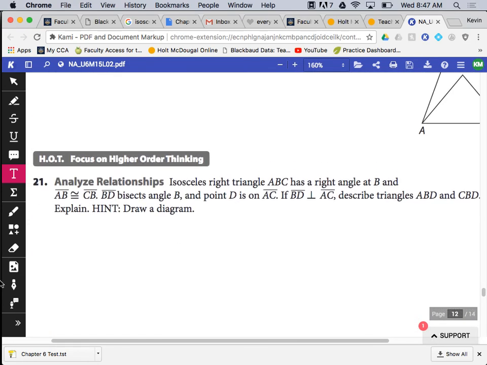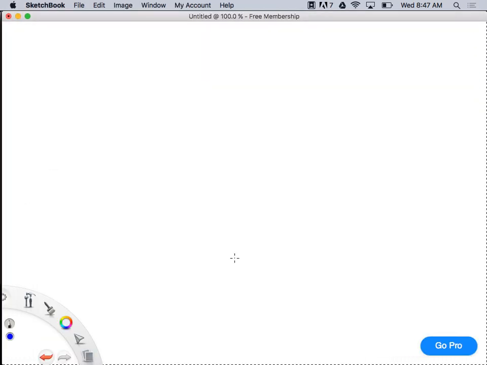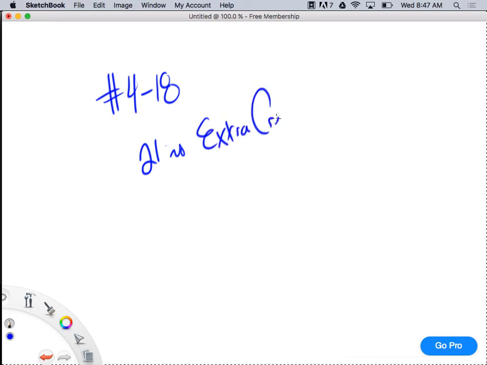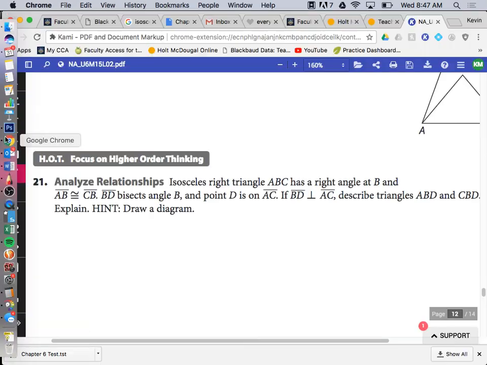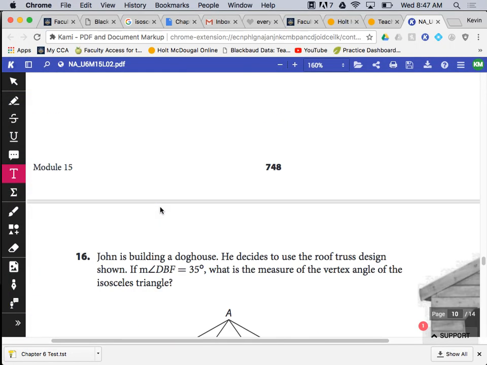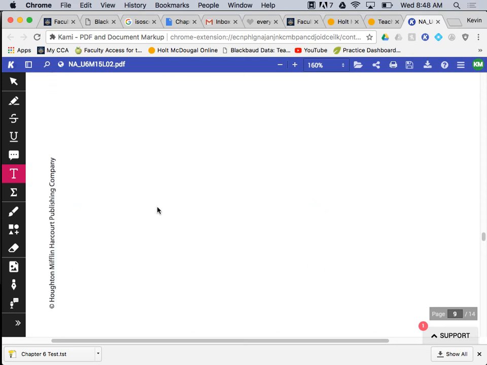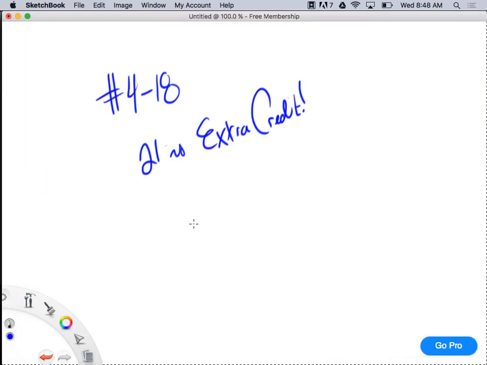And then number 21 is extra credit. So numbers 4 through 18, and 21 is extra credit. You've got about 10 minutes, almost exactly. Page 746. Go ahead and get started.